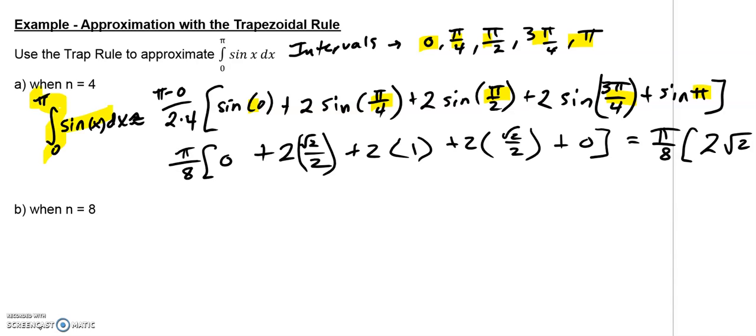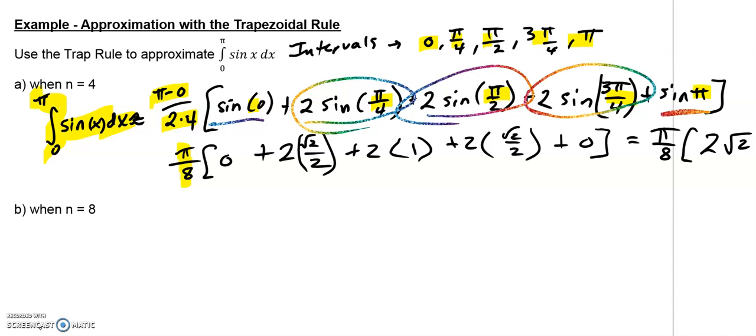So we set it up. Remember, we're approximating this using the trapezoidal rule, so it's b minus a, pi minus 0, all over 2 times n, and that's where the 2 times 4 comes from. That simplifies down to pi over 8. And then remember the first term and the last term, we only use those sides of those trapezoids once, so they're just times 1, but all of the other ones, the 3 in the middle, are times 2.